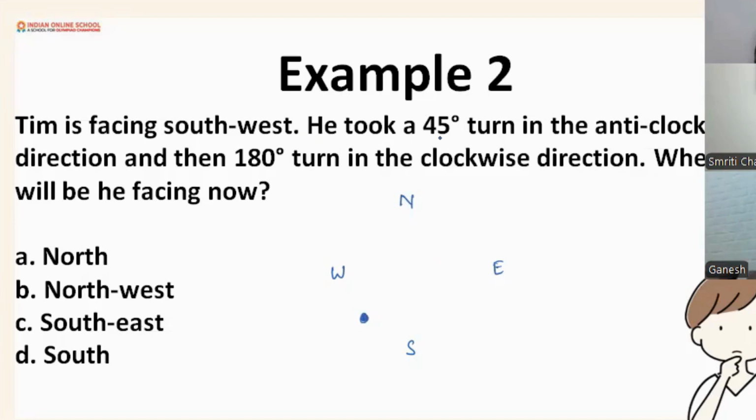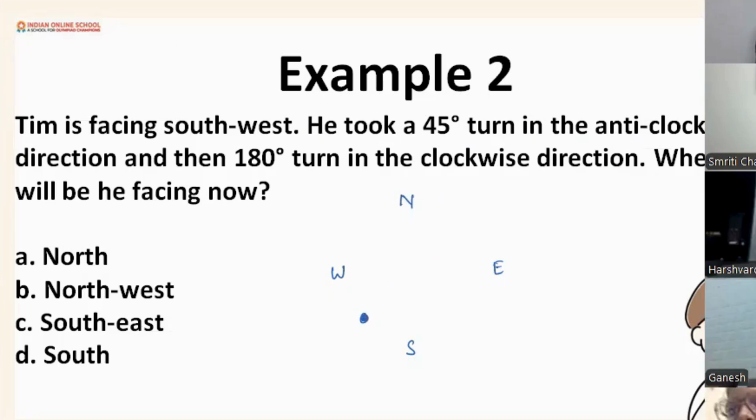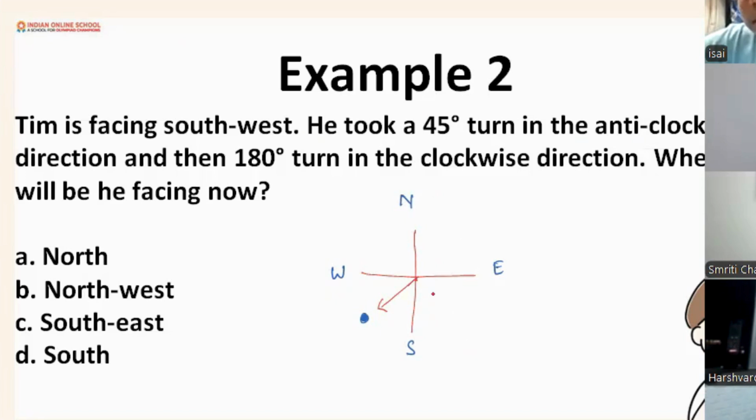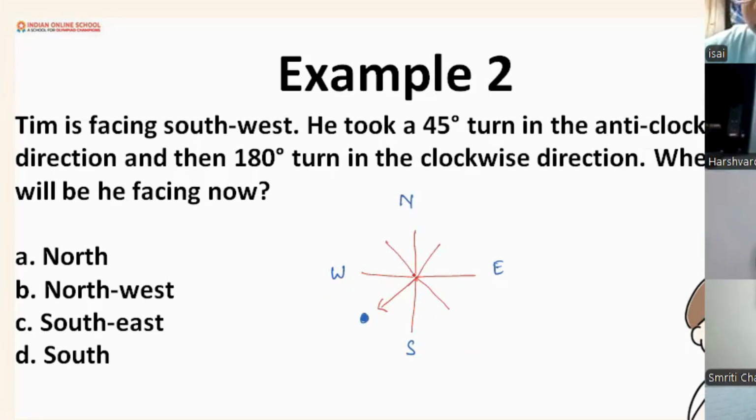Now he took a 45-degree turn in anti-clockwise direction. Anti-clockwise means in which direction does he need to move? If he is facing towards this direction and he needs to turn 45 degrees, after a 45-degree anti-clockwise turn, which direction will he be facing now?